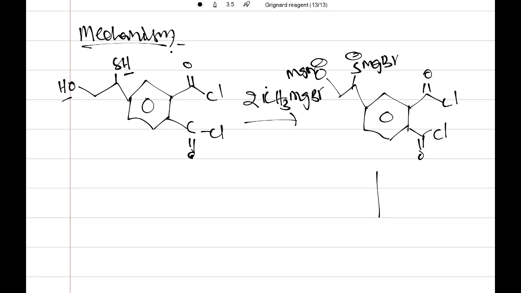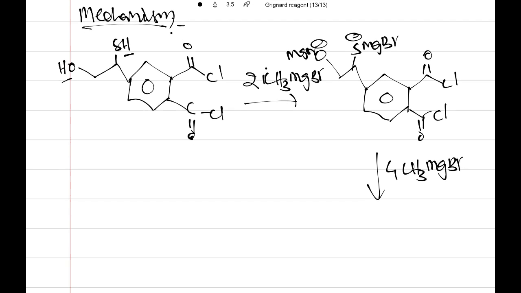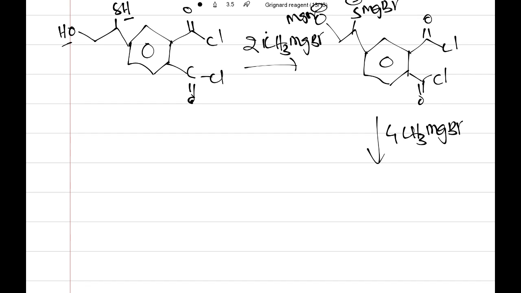After that, it reacts with 4 moles of Grignard reagent. This is the acid halide group, yes or no? The acid halide group is converted into the tertiary alcohol in this reaction. How many moles of Grignard reagent are used here? Here 4 are used, because 2 acid halide groups are there.